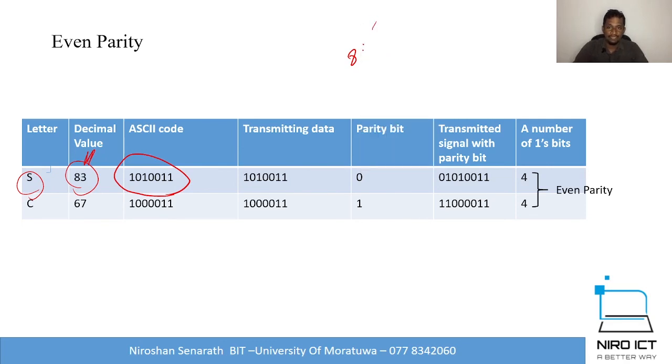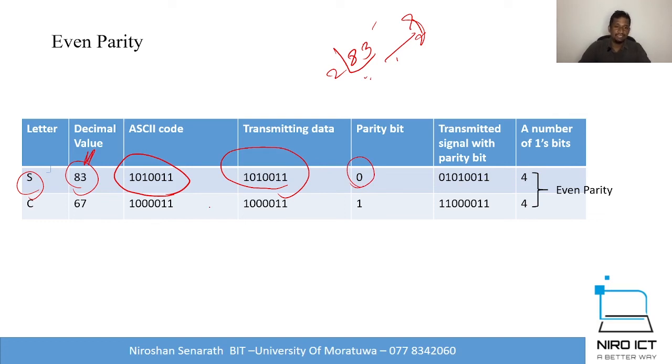So 83 is divided by 2 like that, then you know how to get it, right? And this is the transmission data. Then the parity bit, since there are 4 ones, you have to additionally add 0 here. Then the parity is even, it is equal to 4.